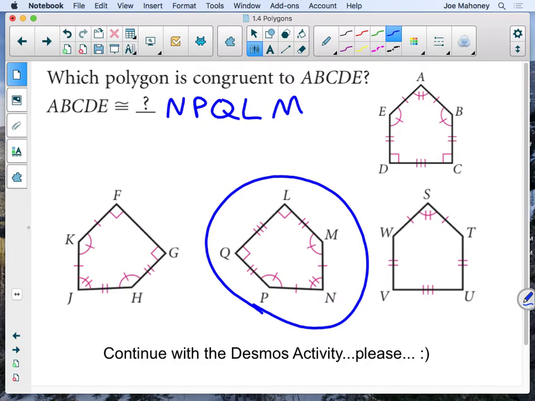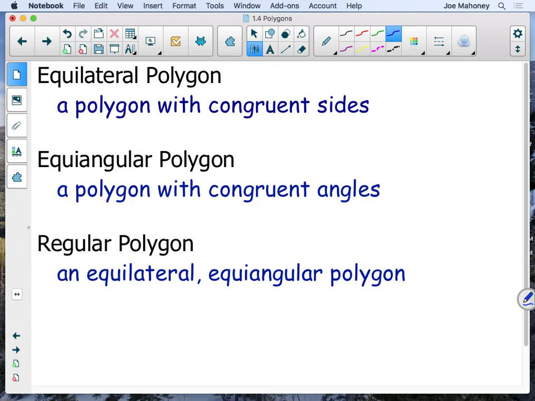So, if you haven't done so, please finish up that Desmos activity. What you've done in that Desmos activity when you finish it up is you've identified 3 special types of polygons. The first is an equilateral polygon. It's a polygon where all sides are the same.